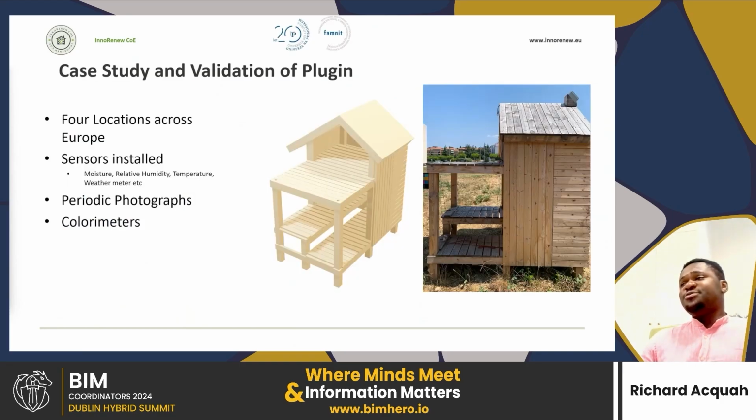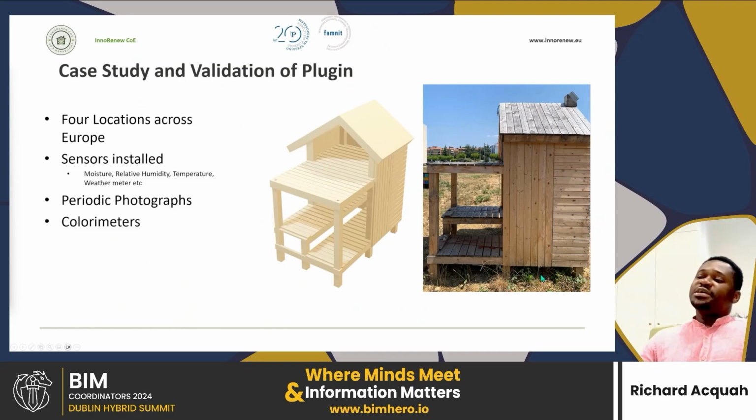So to verify the plugin, we have 4 test structures located in 4 different locations across Europe. We have one of these structures here in Slovenia. There is another structure in Sweden, another in Germany, and also another in Austria. And in these structures, we have several sensors installed on them.